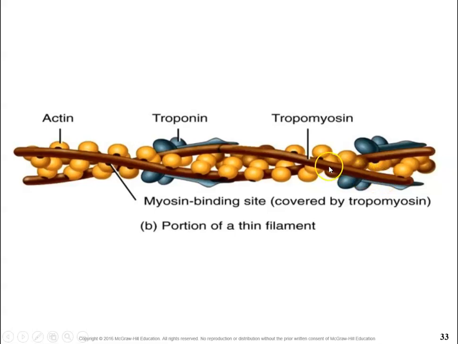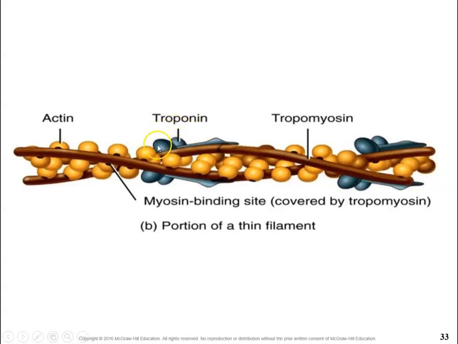Tropomyosin is this long brown protein going along that's covering up the myosin binding sites on the actin molecules. And then you have troponin, which is associated with tropomyosin. And what happens, we'll see in a minute, is that calcium is going to bind to troponin, causing that protein to undergo a conformational change.